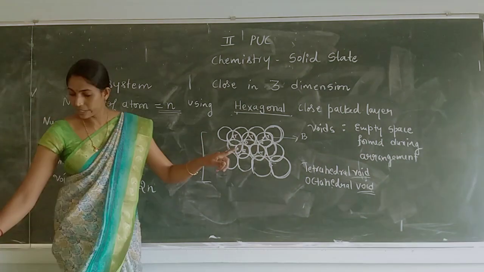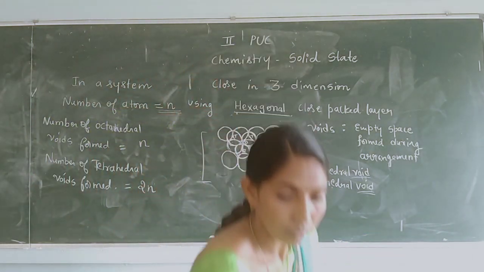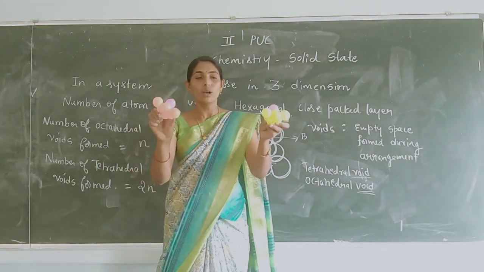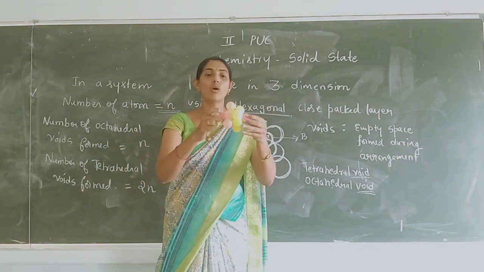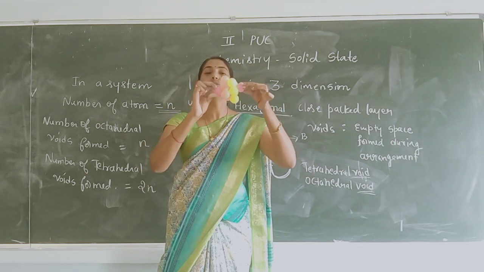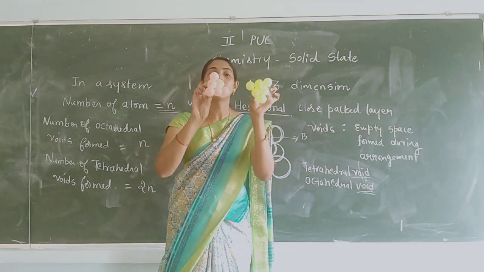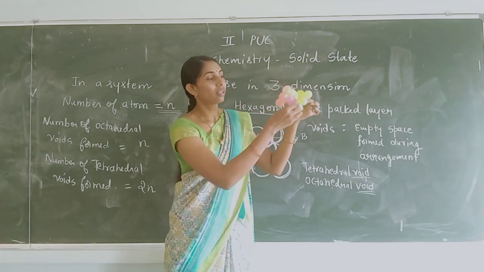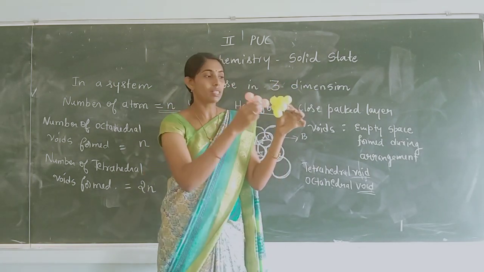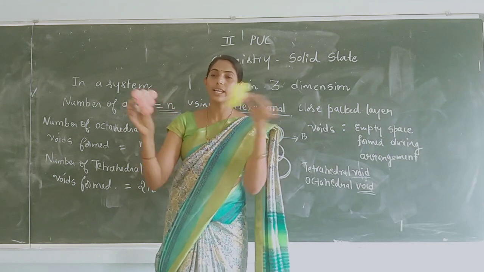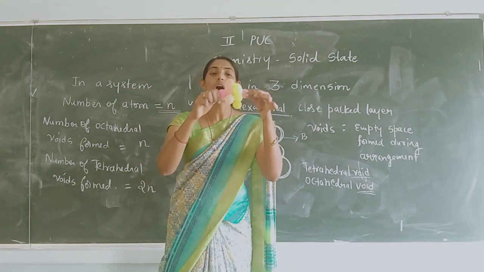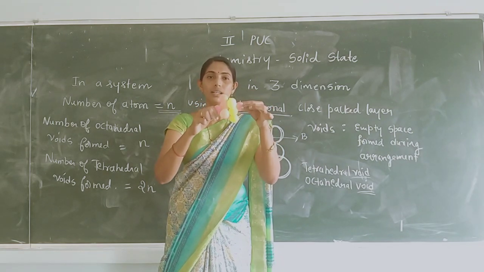Correct? I showed already. Look, this is one tetrahedral void, and this is another tetrahedral void. When you join the two tetrahedral voids together, it gives you one octahedral void at the center. What is an octahedral void? The triangular void of the first layer and the triangular void of the second layer, when joined together, give you the octahedral void. Clear?